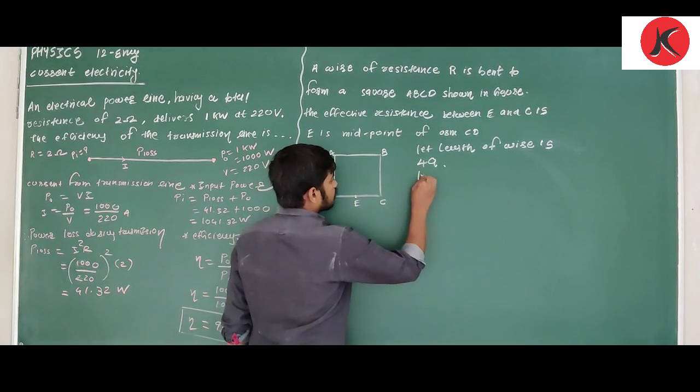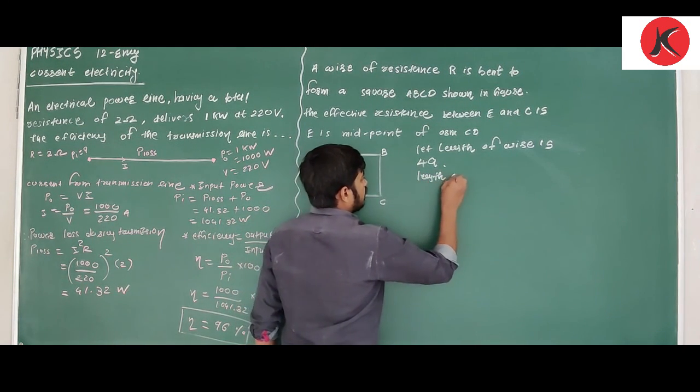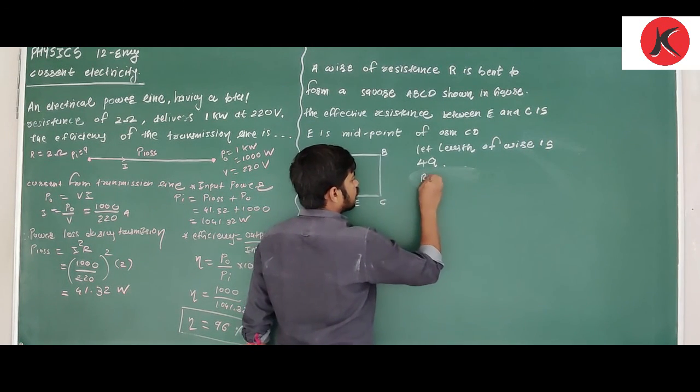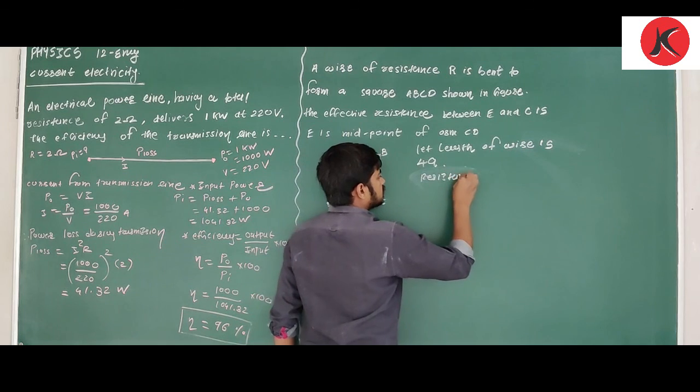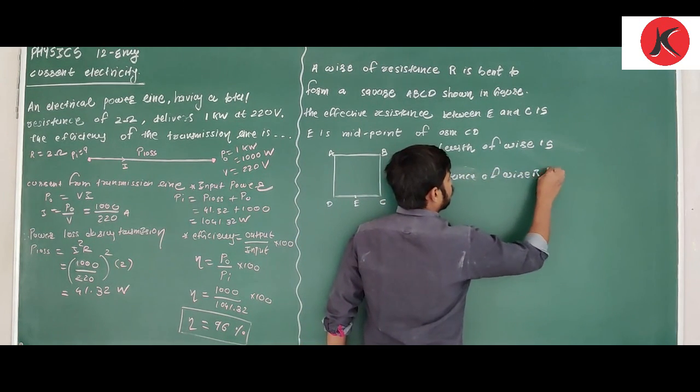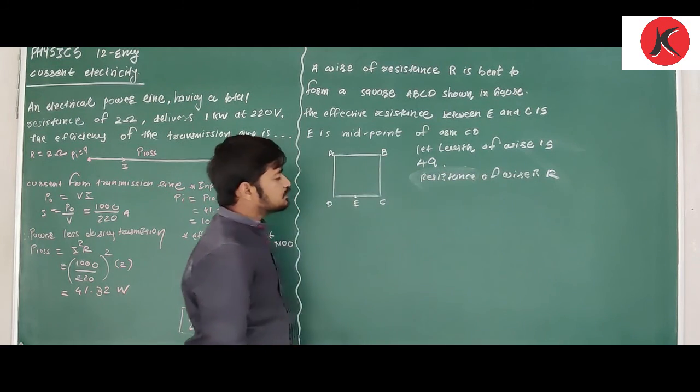And what is the resistance of the wire? Yes, the resistance of the wire is R. So what is the resistance per unit length?